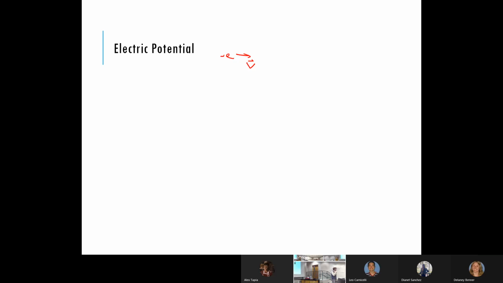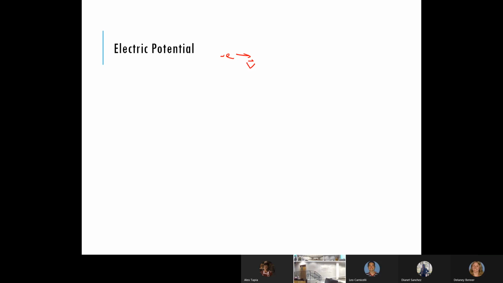If you know that the electron slows, stops, and starts moving the opposite direction, that's enough information to know which direction the electric field is here. Which way is it? Yeah, and this is why I ask. We have to be careful. Which direction is the force? The opposite way, right?